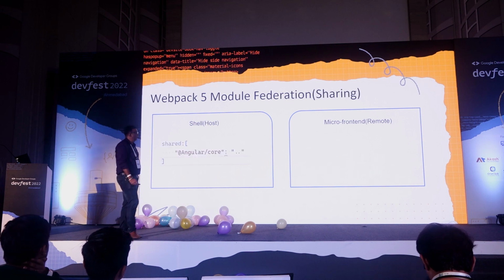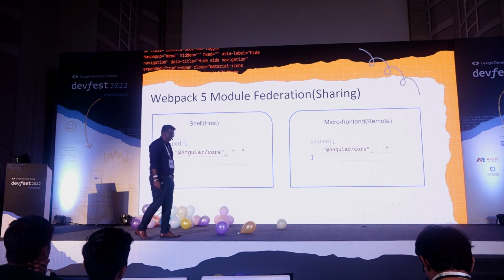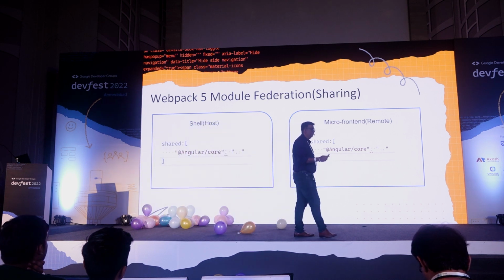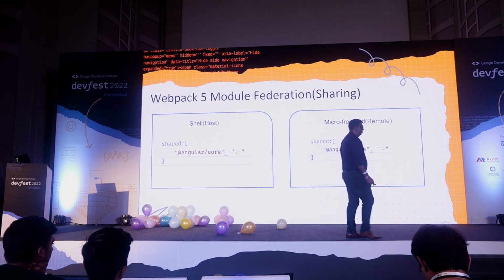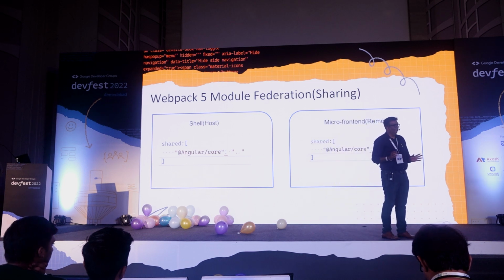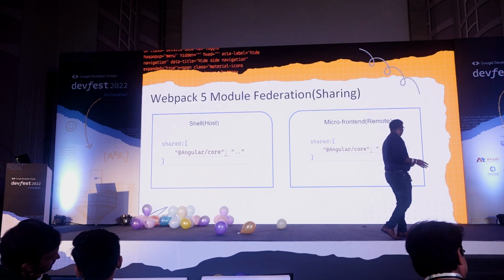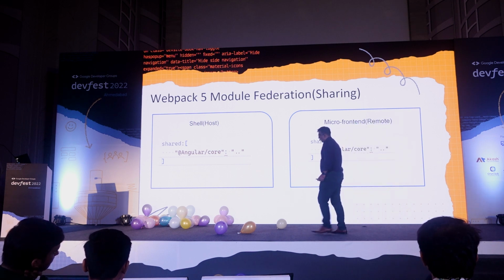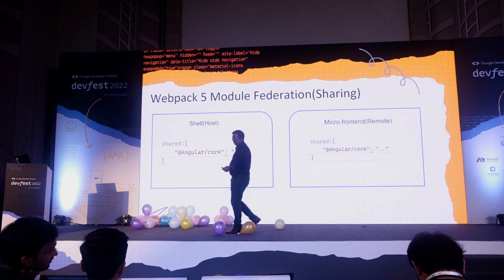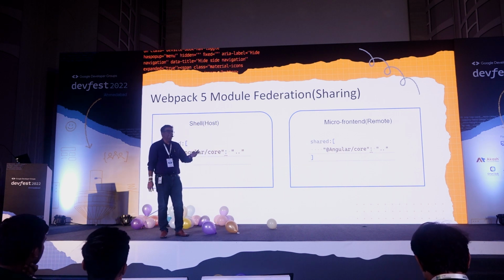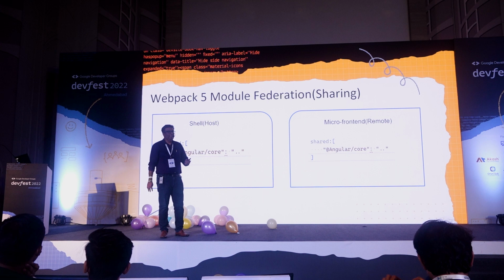Then there are a couple of other things we can do. There is sharing. Let's say you are creating multiple applications in Angular only, right? We all need the Angular core framework, the NPM package. If we do multiple applications, there will be a problem, because this NPM package will be used multiple times.